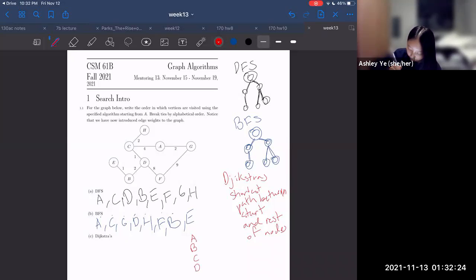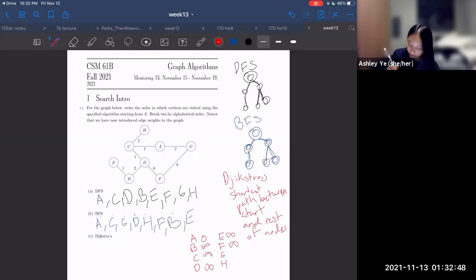So before we start, I'm going to write out every single vertex in the graph, and then walk through how we would initialize each vertex. At the beginning, we set the value of the starting vertex to be 0.